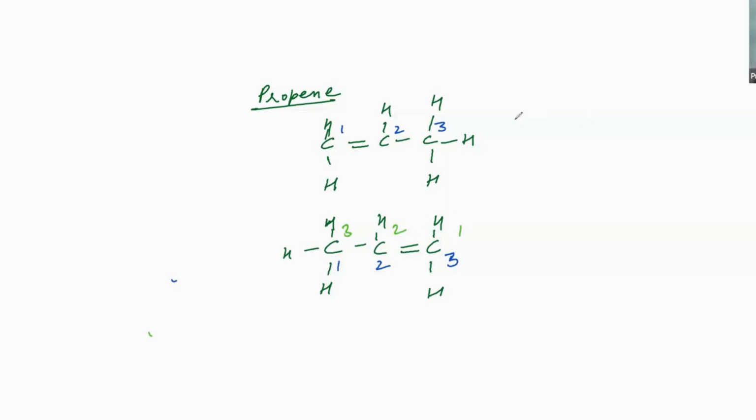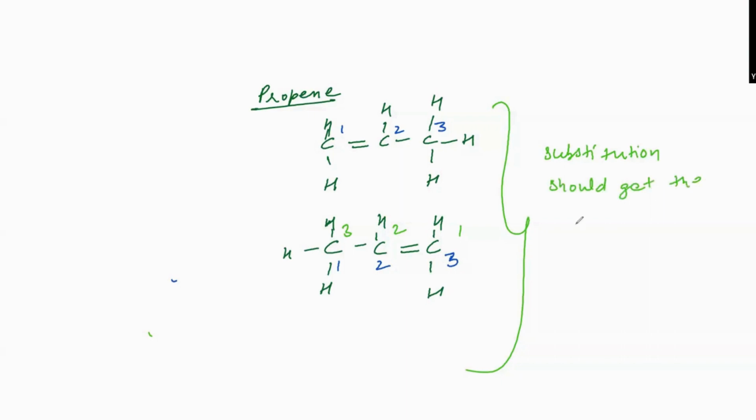We have a rule. The rule says that the substitution should get the lowest number. What is the substitution here? The substitution is the double bond. So the double bond is a substitution and it should get the lowest number.